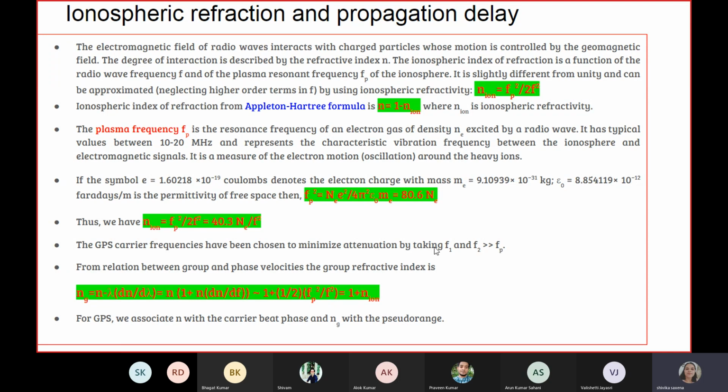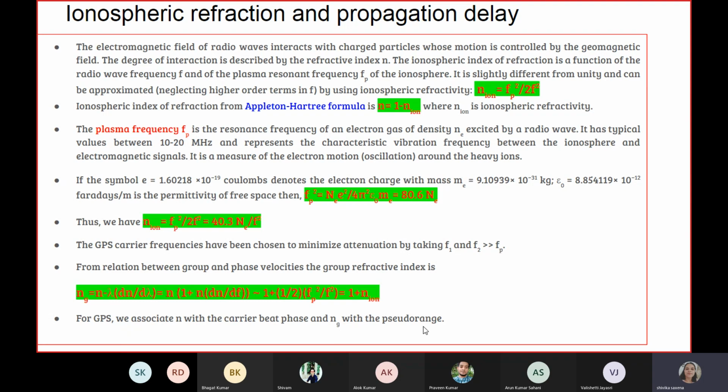We will see how it shows up in the ionospheric delay. For GPS, we associate small n with the carrier beat phase, meaning the internal oscillations that you saw in that video, and Ng is associated with the pseudo range.